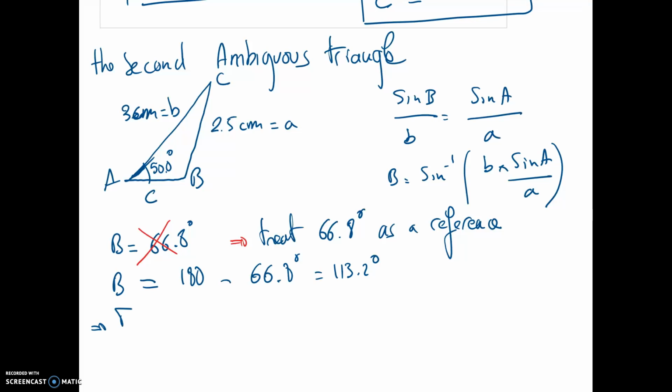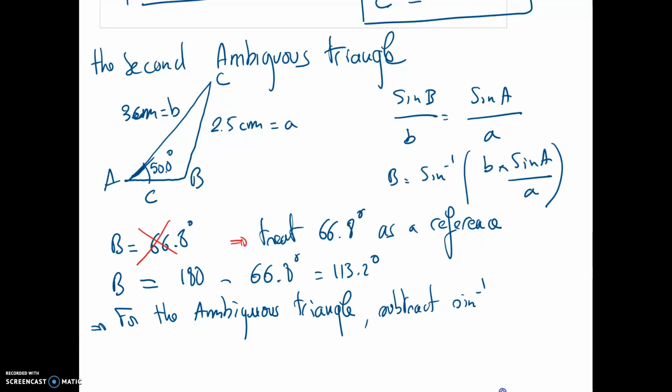You need to pay attention that for the ambiguous triangle, subtract sine inverse from 180 to get the new angle.